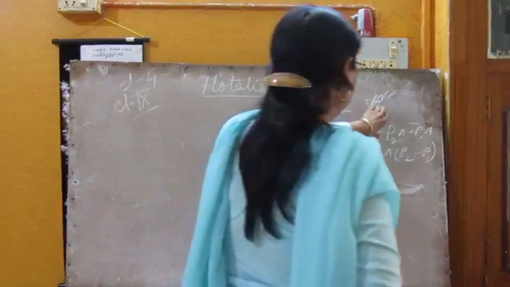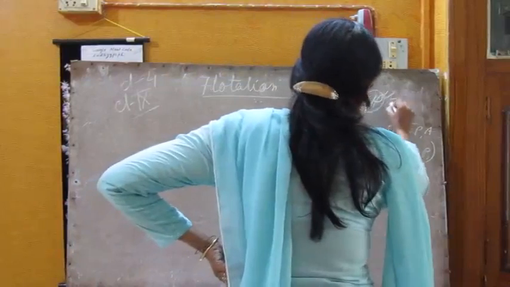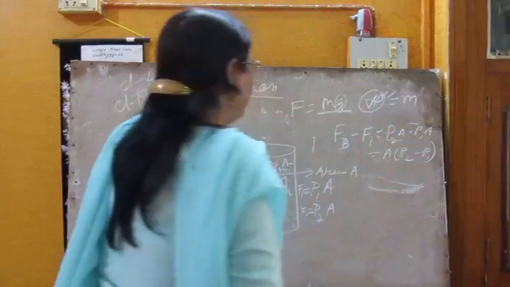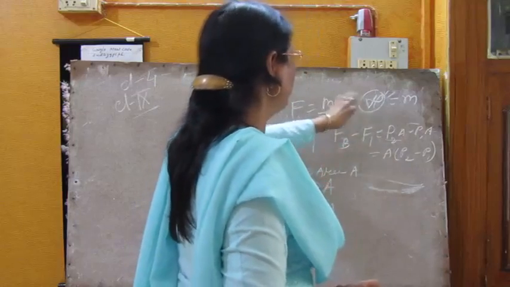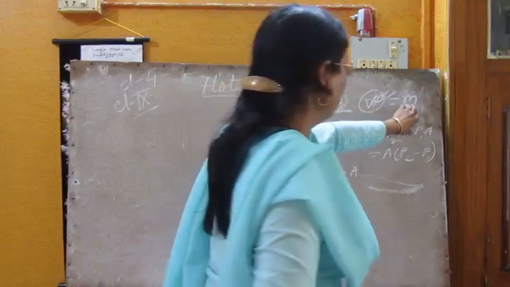So F equals mg, so V into rho into g, since volume into density is the mass.